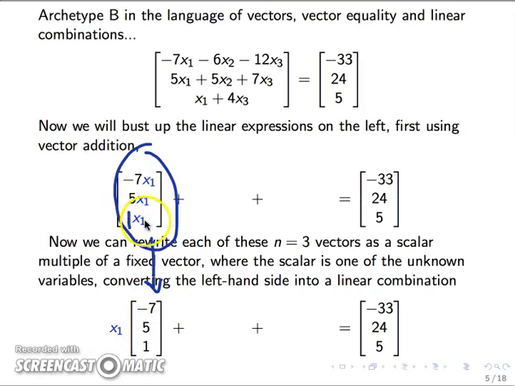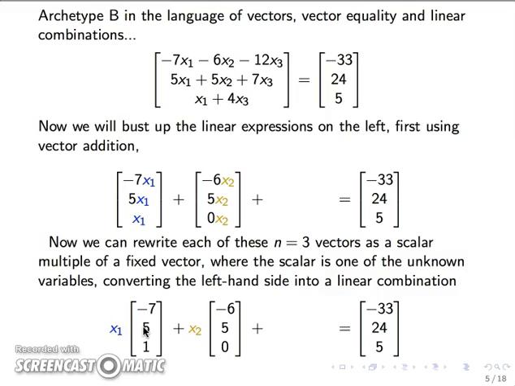So this is like doing scalar column vector multiplication in reverse order, and so we're writing this column vector in terms of a scalar multiplication where the scalar is x1 multiplying that column vector. So we can do the same also for the column vector that collects the terms with x2.